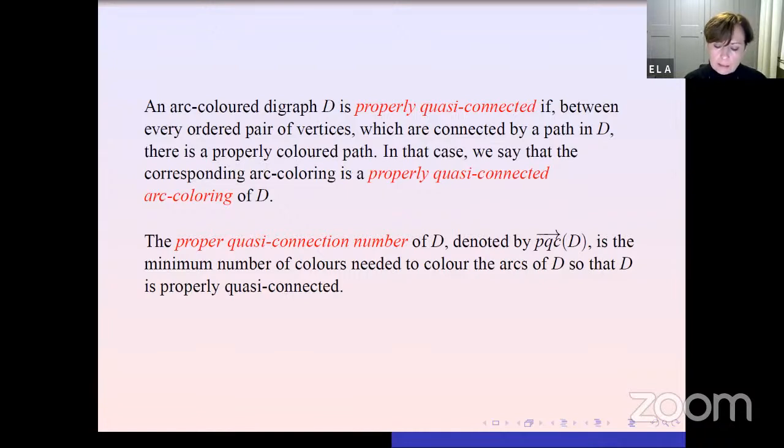In this case, we say that the corresponding arc coloring is a properly quasi-connected coloring. And again, we are interested in the smallest number of colors, so the parameter related with such coloring we call the proper quasi-connection number, and we denote it in this way.